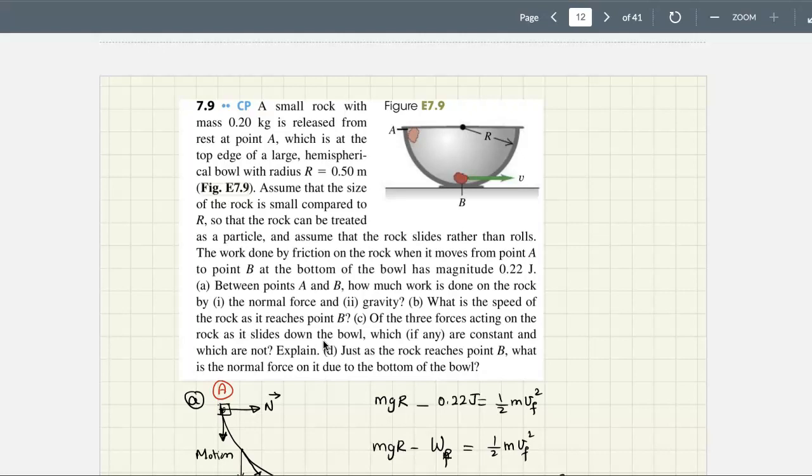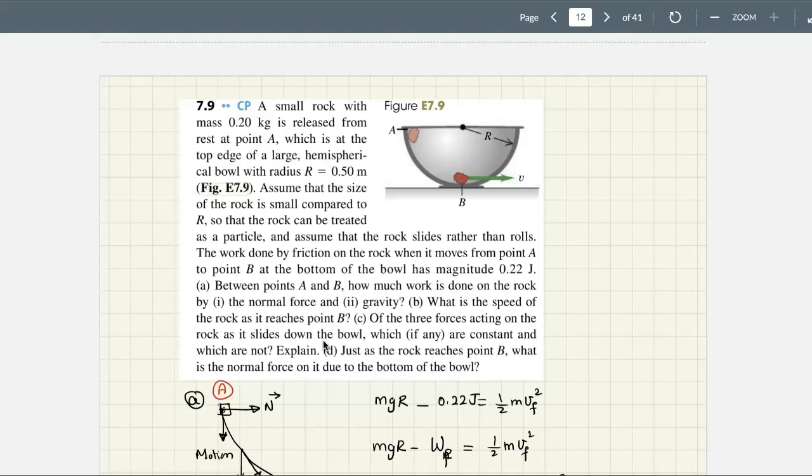Then I can say that point A is at 0.5 meters. Assume that the rock is small, so I will consider it a point particle, and assume that the rock slides rather than rolls, because if it is rolling, it's going to be another story, which we will talk about later.